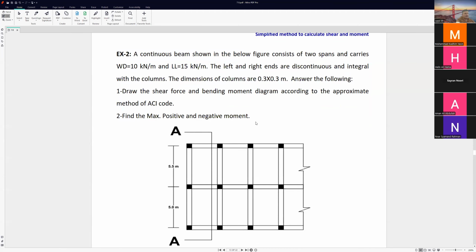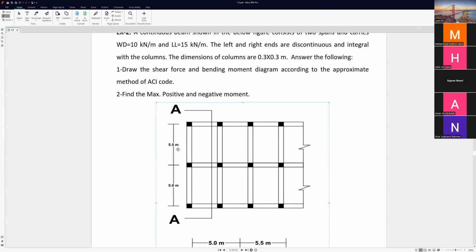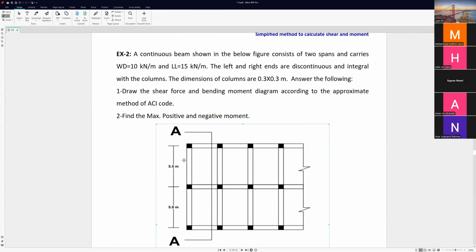Why, I can ask now, why is the dimension of the column given here? Because the dimension here is given between center and center, right? So we should subtract the dimension of the columns. For example, 5.5 minus 0.3 will be 5.2.